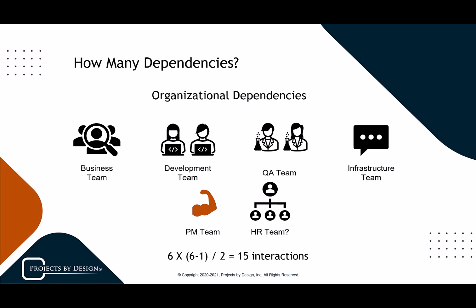Now, granted, virtual setting, co-location in the virtual setting is really the same thing. In other words, that team is brought together as one unit. You've essentially removed those dependencies because you allow the interactions to flow without any organizational barriers.